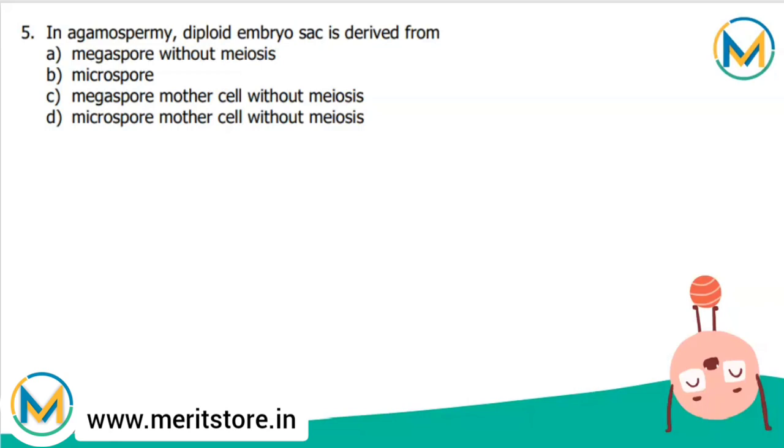Megaspore mother cell develops into an unreduced embryo and the embryo is formed from unfertilized egg, parthenogenesis, or some other cells of the embryo sac called apogamy. So the correct answer for this question is megaspore mother cell without meiosis. So correct answer is option C.